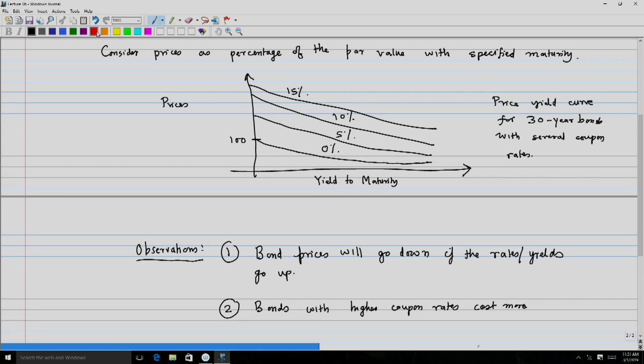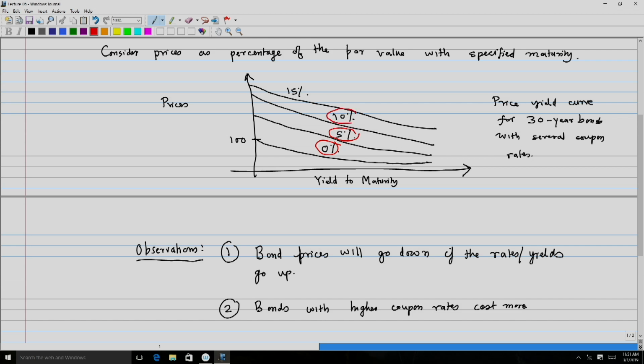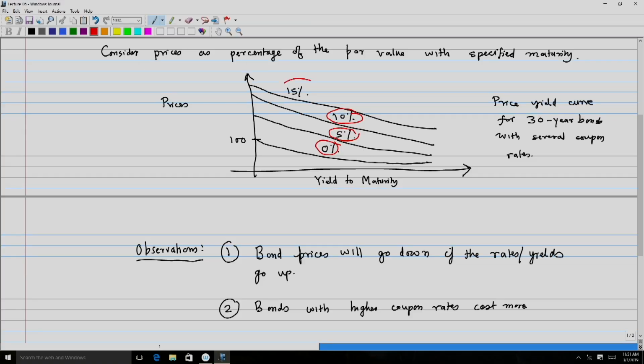Then if you start looking at all the graphs in a comparative manner, you observe that as the coupon rates are increasing, say when I go from 0% to 5%, then corresponding to the same yield to maturity, I will have a higher bond price. Likewise, if you go up to 10%, then for every yield to maturity, the price of the bond is going to be higher than in case where the coupons are 0% and 5%, and this trend continues.